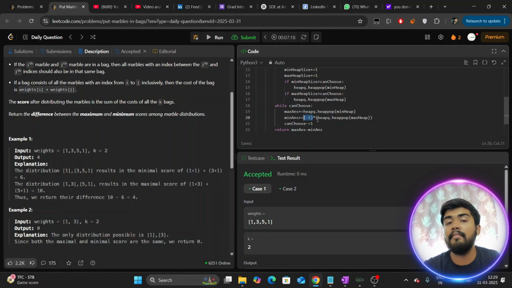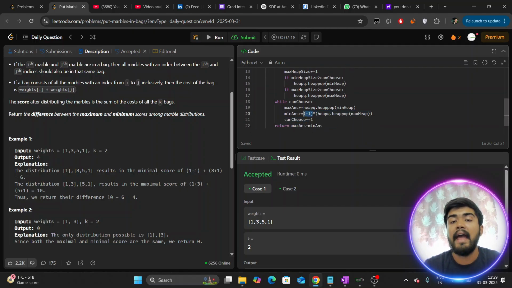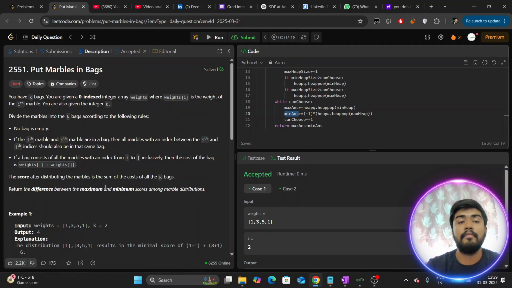The min heap we are using as a max heap, so we pushed negatives, and we want to get the original value by multiplying by minus 1. We also do can choose minus equals 1. Finally we have our max answer ready and our min answer ready, and we return max answer minus min answer, which is what they have asked for.